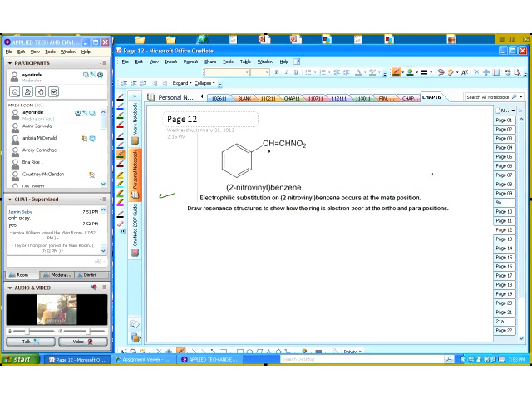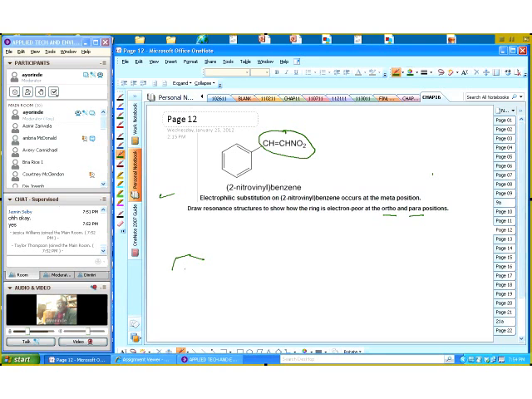But in this particular instance, this group is a meta director. They want us to show why it is a meta director by showing that if an incoming group goes to the ortho position or the para position, the reaction would not be likely. So let us see what happens.